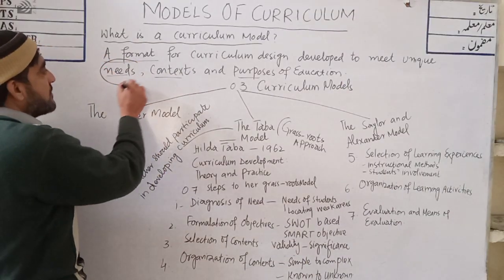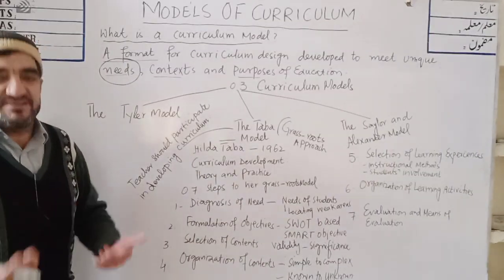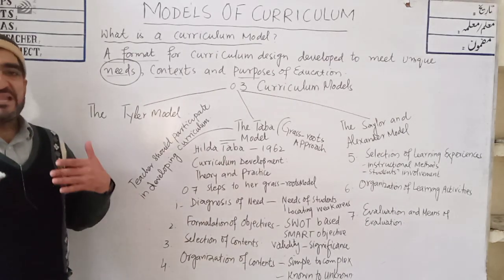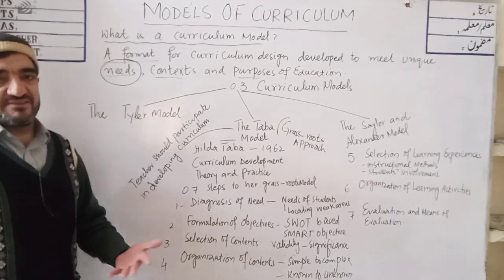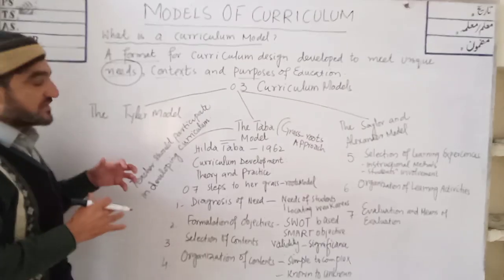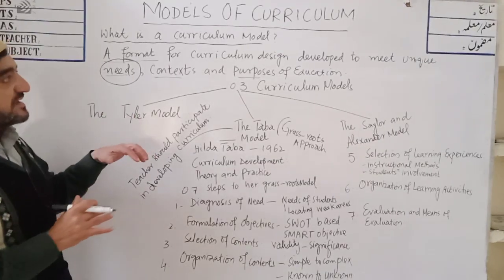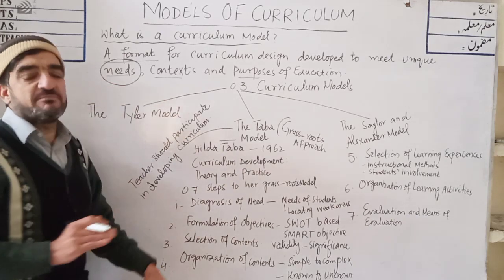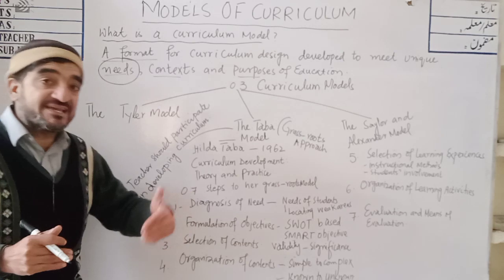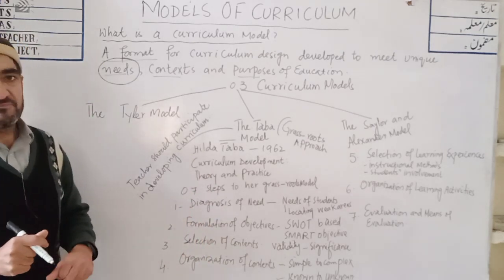The first requirement for curriculum is: what are the needs of the society, what are the needs of the learners, what are the basic areas which should be included in the formulation of curriculum to make the students capable of facing the challenges of the time.